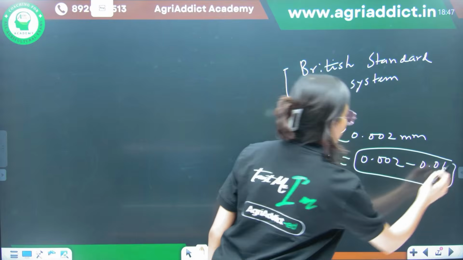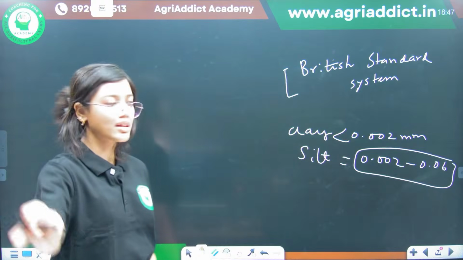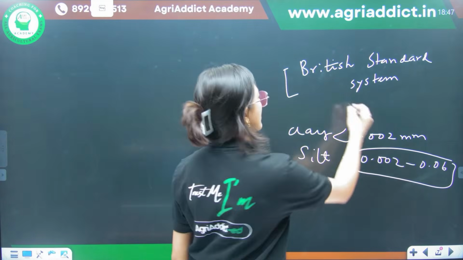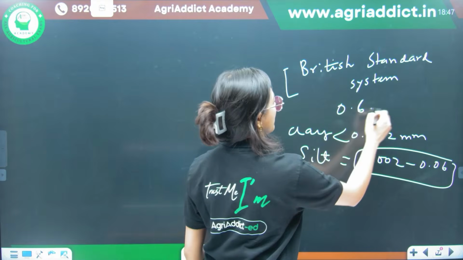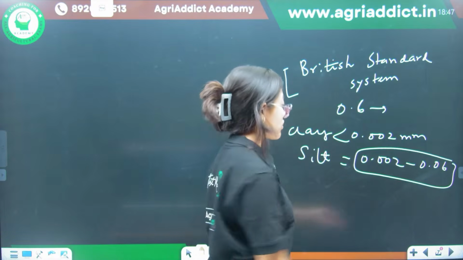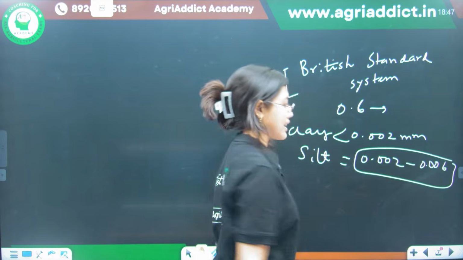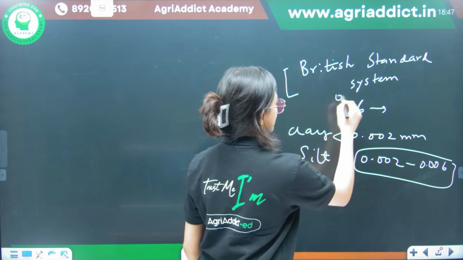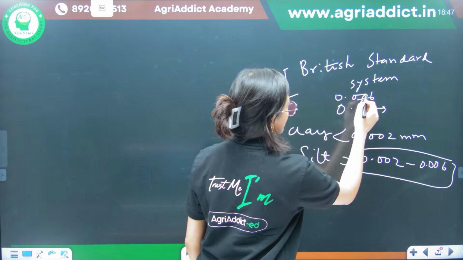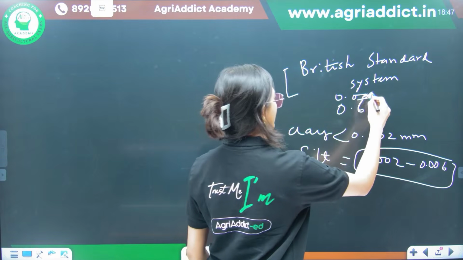So, here each and every value will be in the order of 0.06. Then when we move to sand, it is 0.6 like that, or 0.006 like that. Okay, 0.06, sorry.